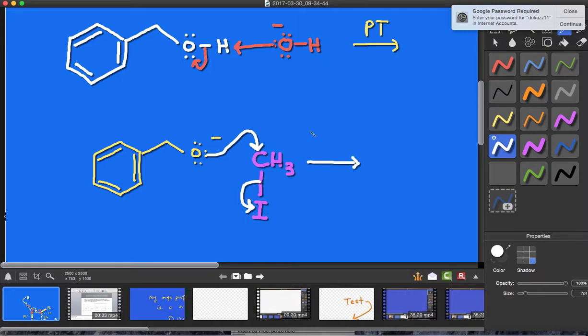If you are a Cardi disciple, this is an SN2. If you are a Doc Oz disciple, this is a concerted nucleophilic attack, loss of leaving group.